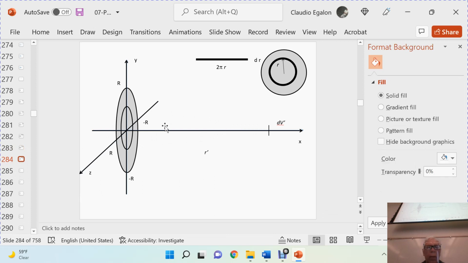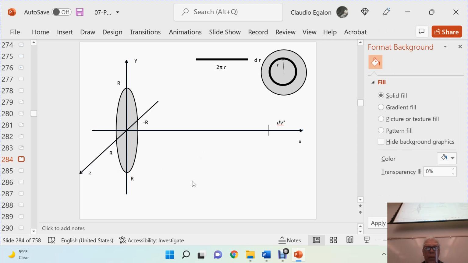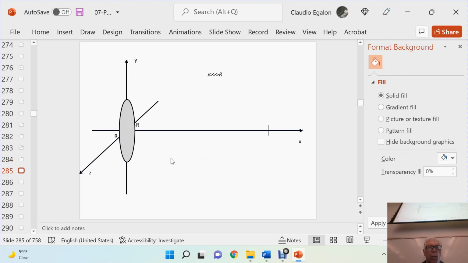I don't need this guy anymore, and I don't need this one. Like that. That's the first picture, right? Yeah, that's the second picture.